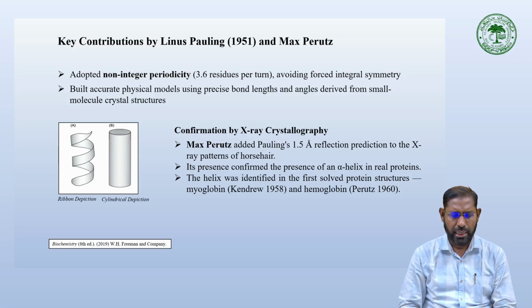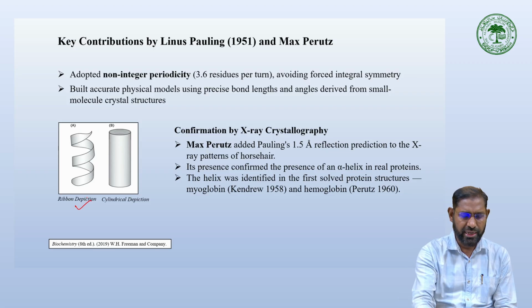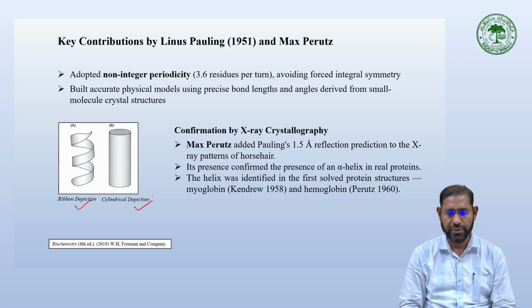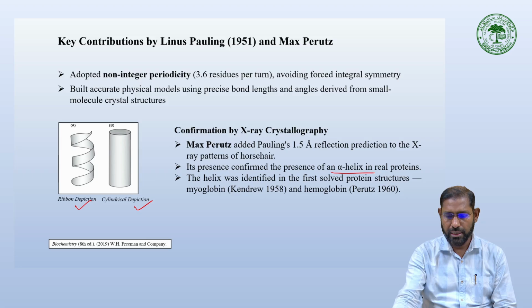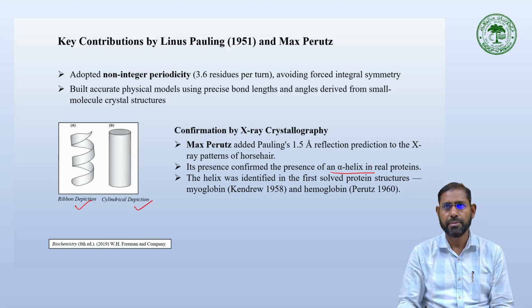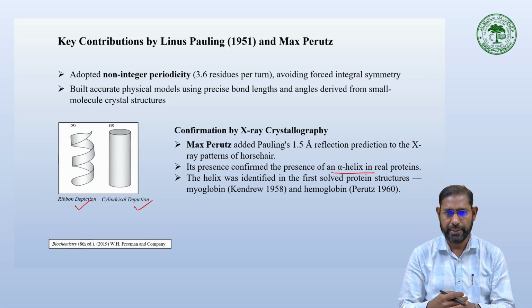This is a ribbon depiction of the alpha helix and this is a cylindrical depiction of the alpha helix. The confirmation came from X-ray crystallography. Max Perutz confirmed Pauling's 1.5 angstrom reflection in the X-ray pattern of horsehair, confirming the presence of the alpha helix in real proteins.